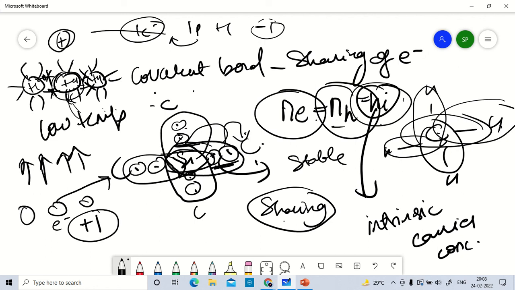Now, semiconductors possess a unique property in which, apart from electrons, the holes also move. How do the holes move? It's not like one hole is moving. If here is an electron and this moved, then this electron will take its place, so here a hole is created. Because this hole is created, again this is positive, so this electron will move over here, again a hole is created here, and again this will move over here.